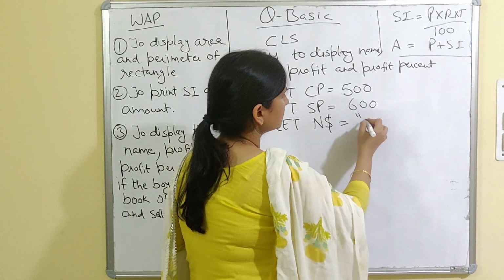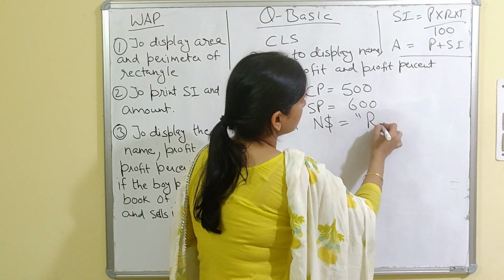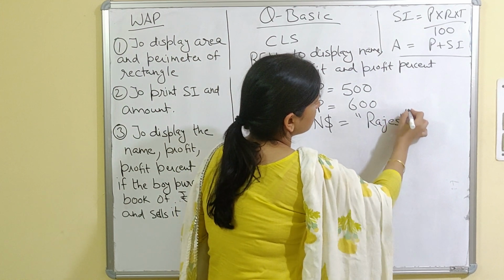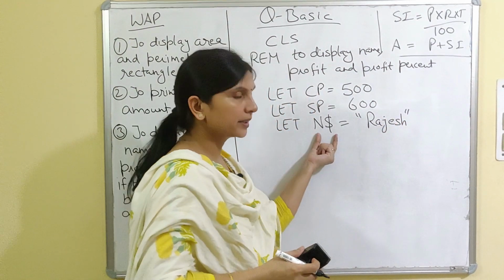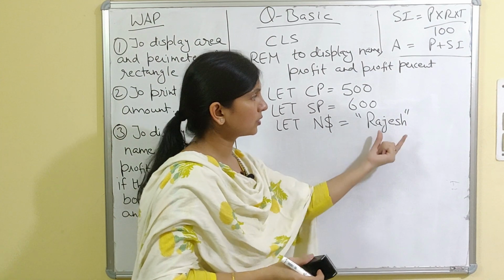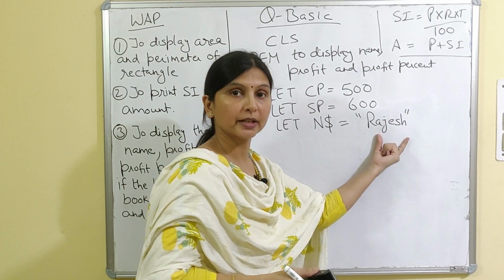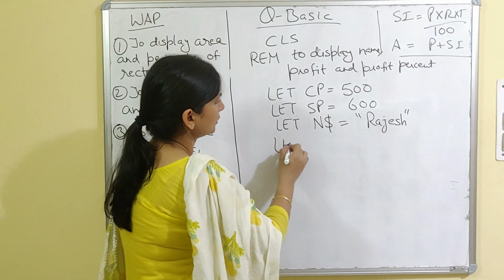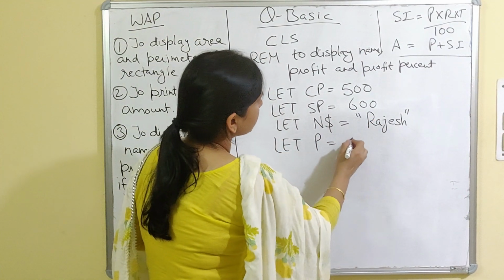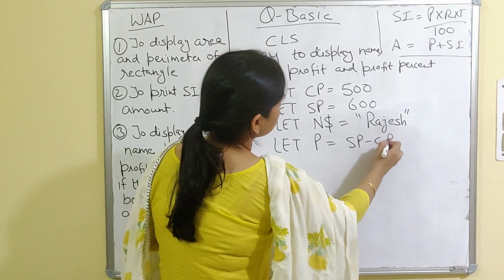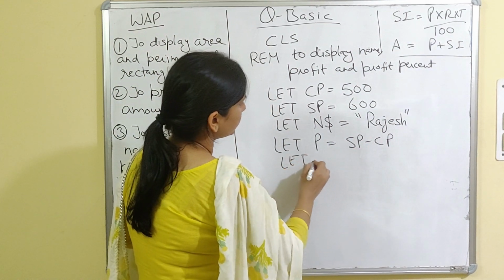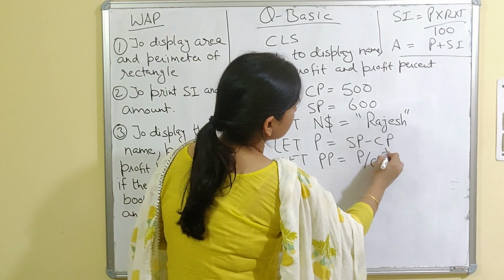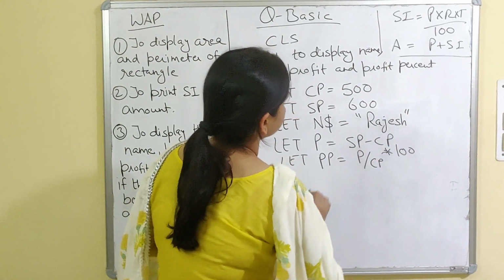Any name, like Rajesh, I am taking. Alphanumeric variable and dollar, because name is a string, an alphanumeric constant within double quotes. Fine. Now we will calculate profit SP minus CP and profit percent P by CP into 100.